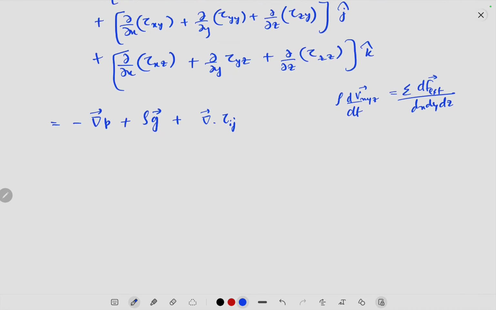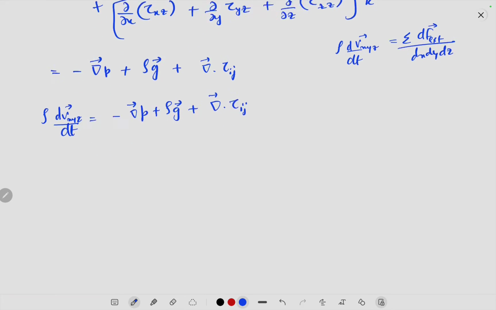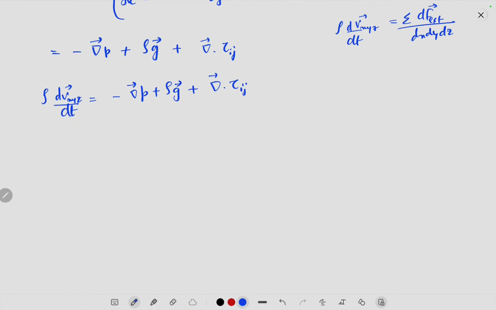Okay, so then we can say that rho dv by dt is equal to minus grad p plus rho g plus divergence tau ij. Okay, so what does this equation tell me?